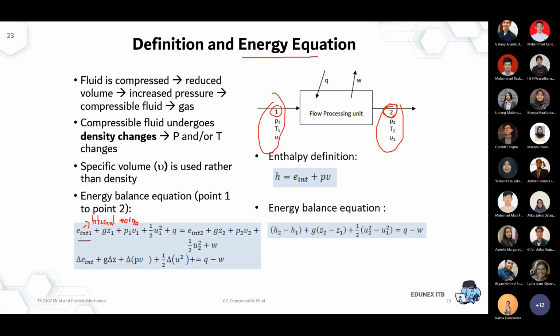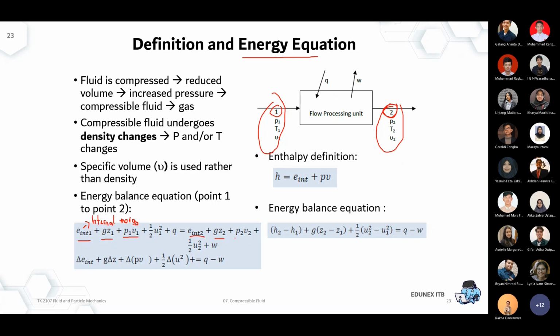Then you can compare whether you need to increase the delta U between point 1 and point 2. If you need to increase it, then you can use a compressor. You can compare the difference in elevation between the suction and the discharge. If you need to compensate the delta elevation, then we can provide the duty from the compressor.